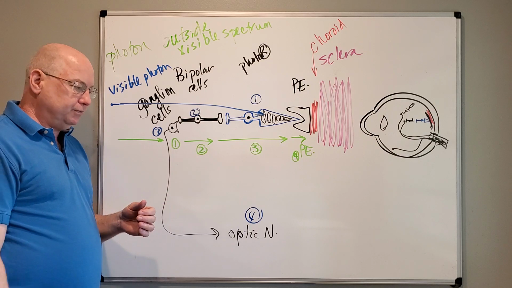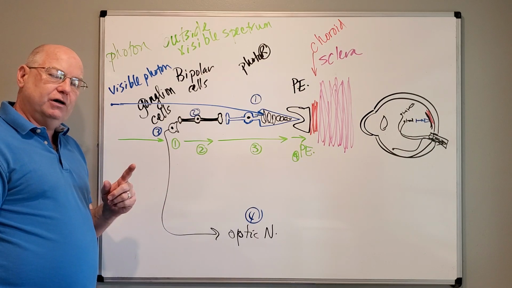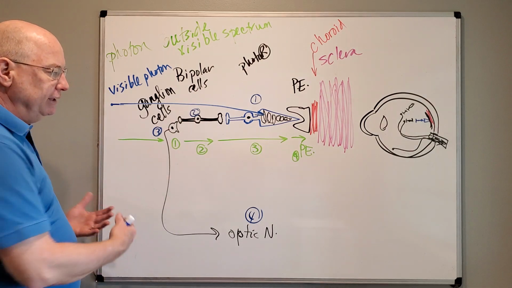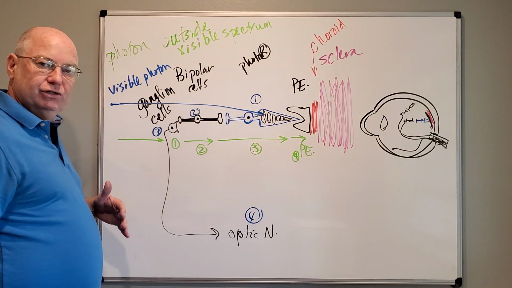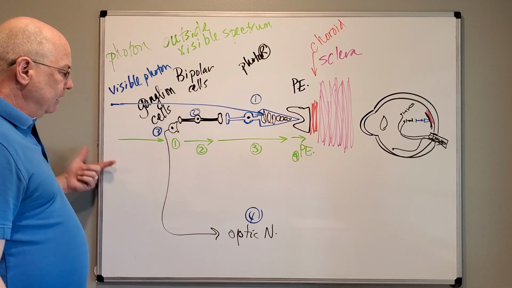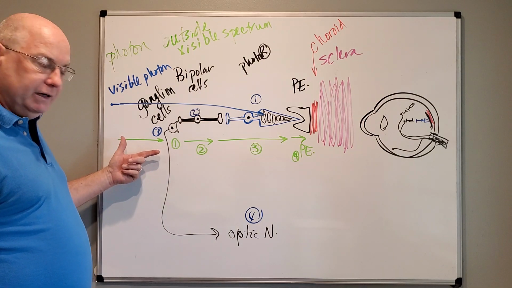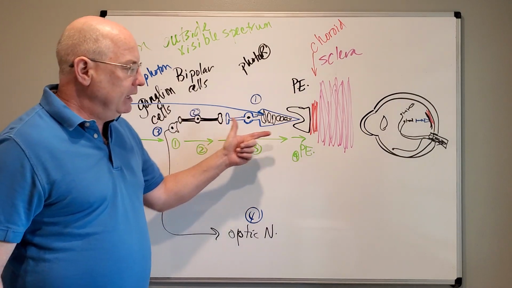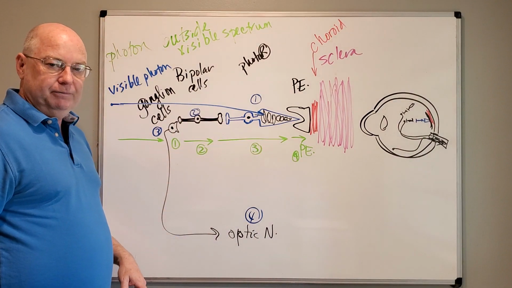So let me repeat this. When I have a photon of light that lies outside the visible spectrum, what would be the order of structures that it passes as it's absorbed? It would pass by the ganglion cell, the bipolar cell, the photoreceptor, and is absorbed by the pigmented epithelium.